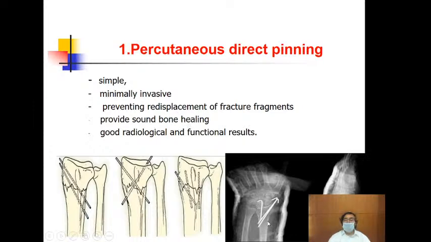Because displacement is prevented and the fracture is stable, the bone healing will be very, very good. And once the healing is good, then functional results will definitely be good. And because there is no displacement, after you remove the pins, the X-ray also looks very good.